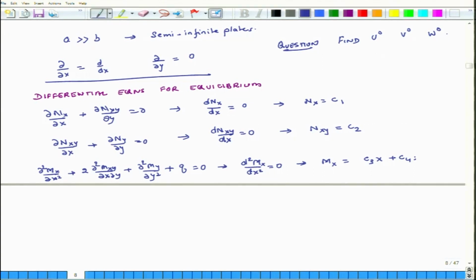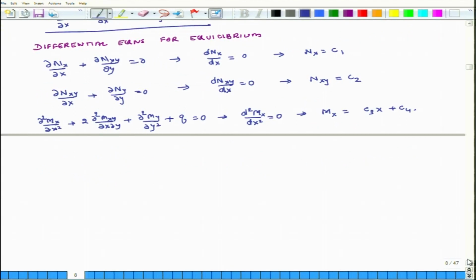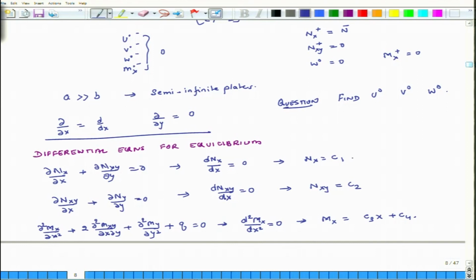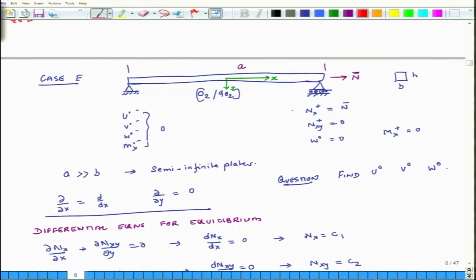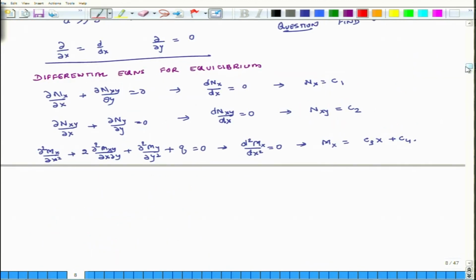Okay. So, this is what we get from the differential equations. Now, we apply some boundary conditions. We will not apply all the boundary conditions. So, we have C1, C2, C3, C4, and we will select some specific boundary conditions so that we can calculate the values of these constants. First we select Nx plus is equal to N bar. So, we look at this equation.